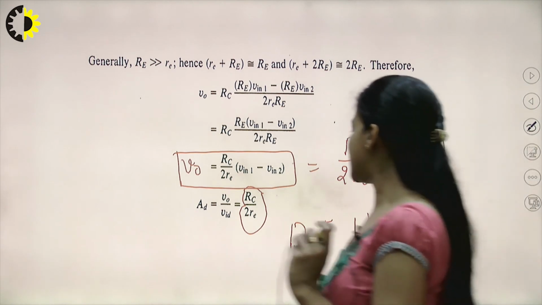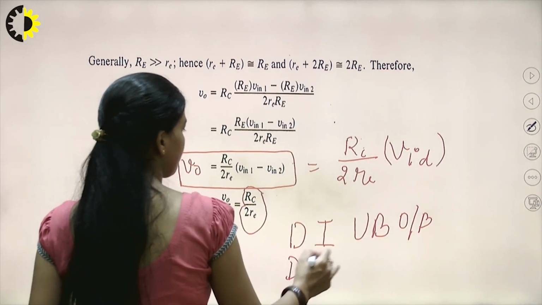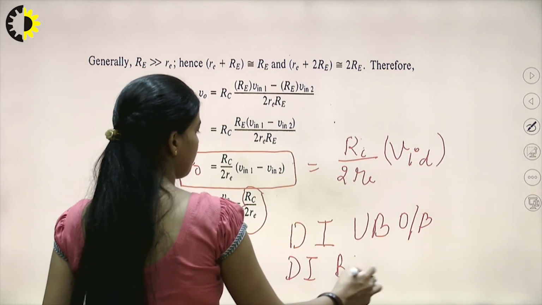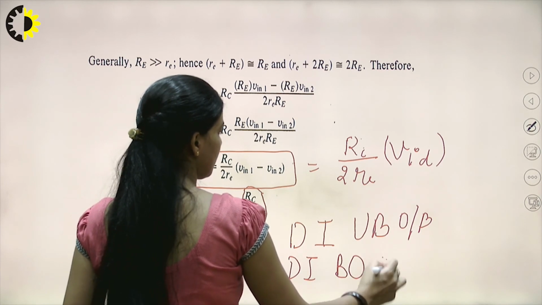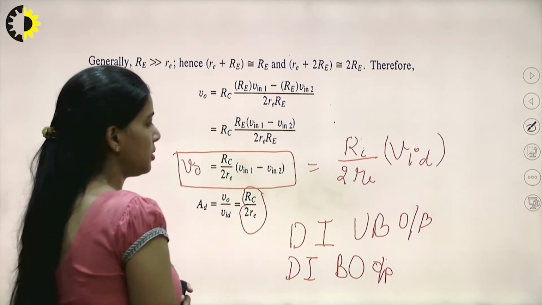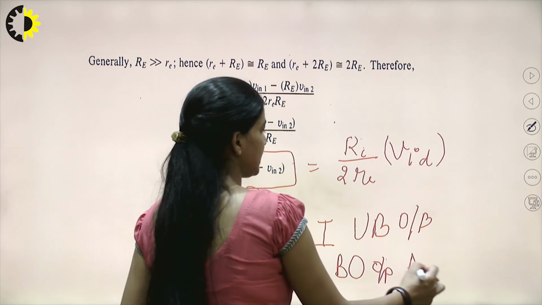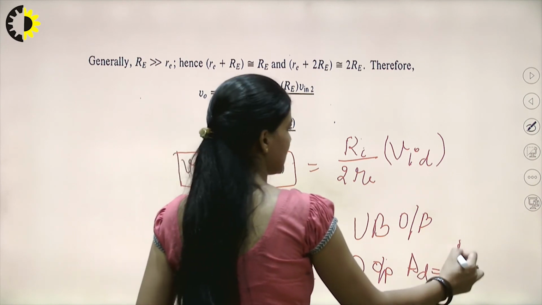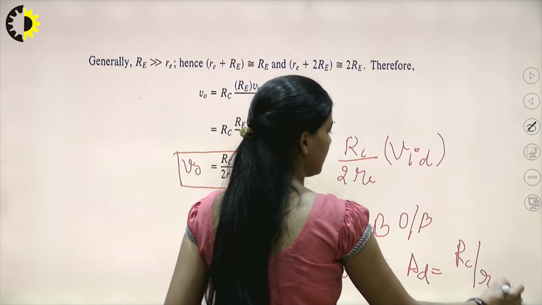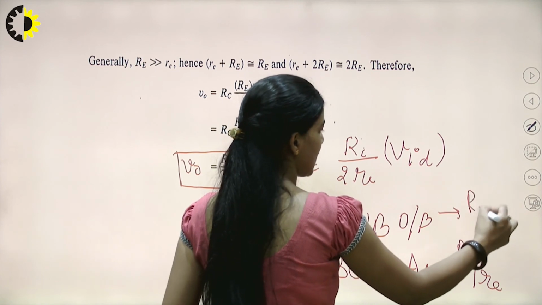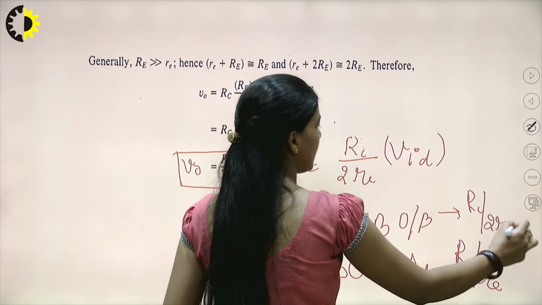If we look at the dual input balanced output configuration, there we got the gain as RC upon RE, and here we are getting RC upon 2RE.